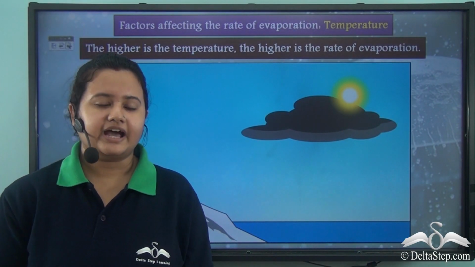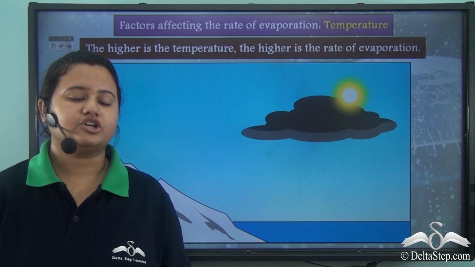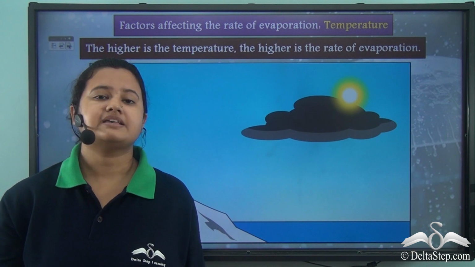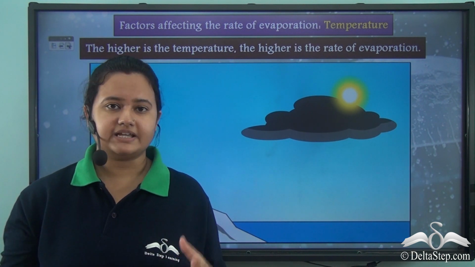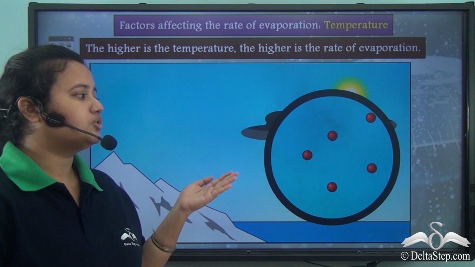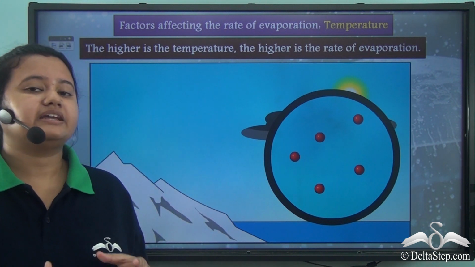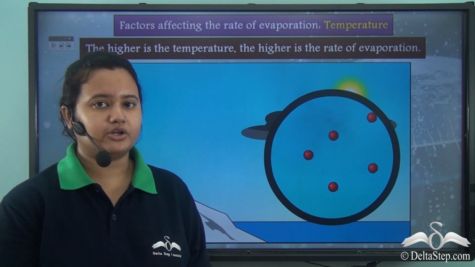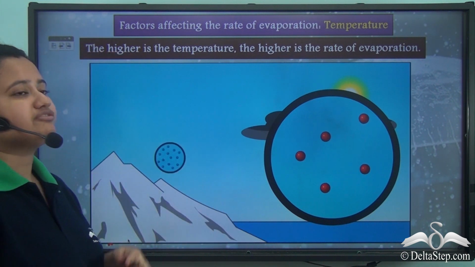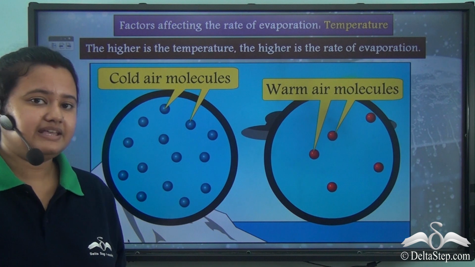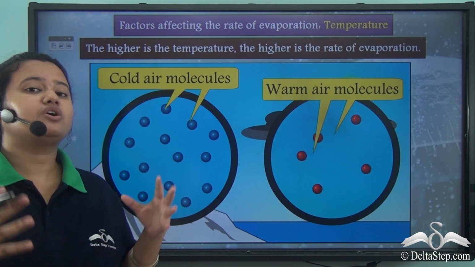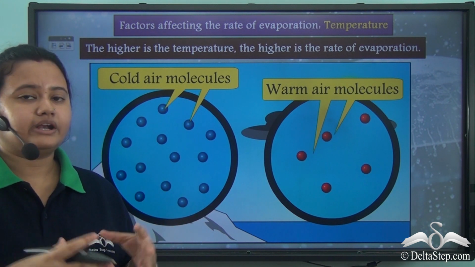The reason is that due to higher temperature, the air mass expands and it becomes less dense. So the moisture holding capacity of warm air rises and it absorbs more water molecules. Conversely, if the air temperature is less, then the air mass will contract and become more dense.